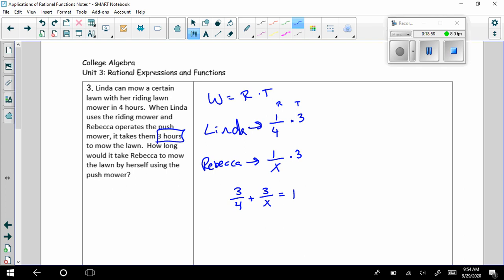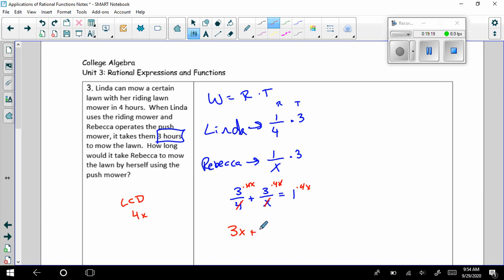All right, so your LCD for this problem would be 4x. So we're going to multiply everything by 4x. Those 4's cancel. That gives us 3x. These x's cancel.